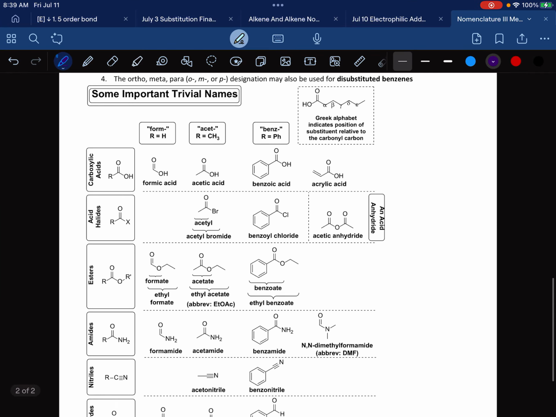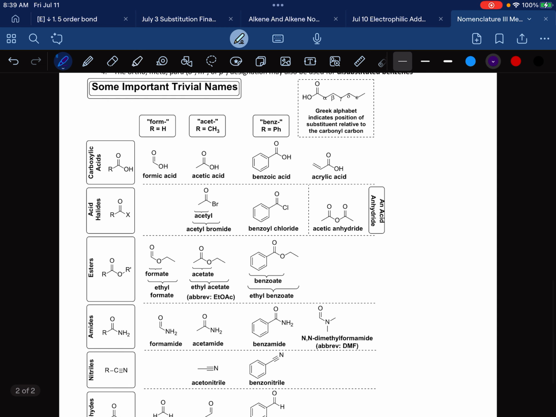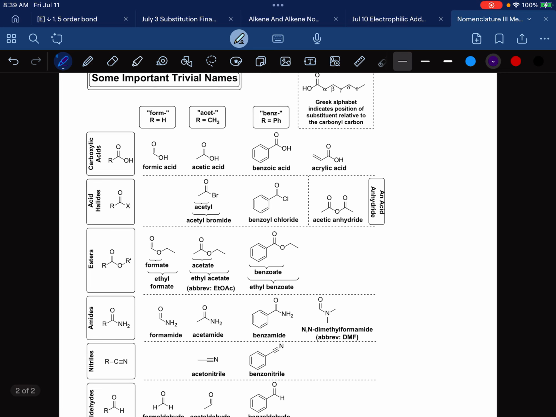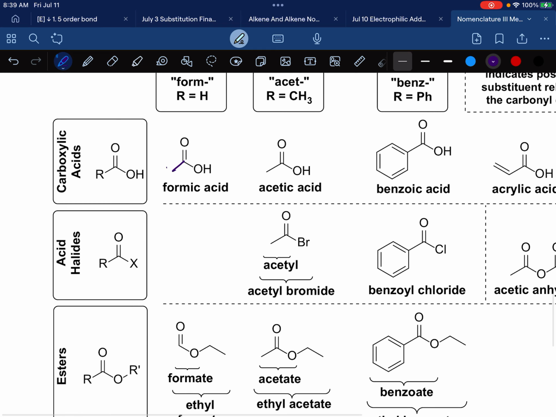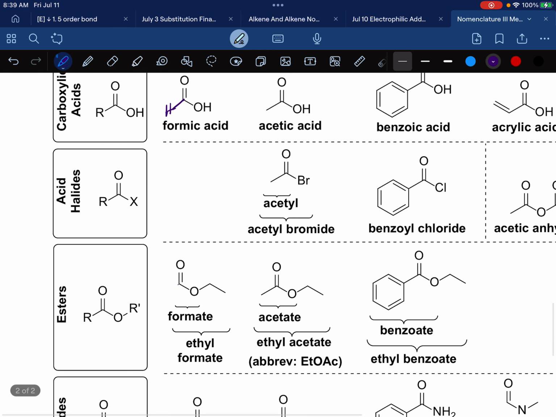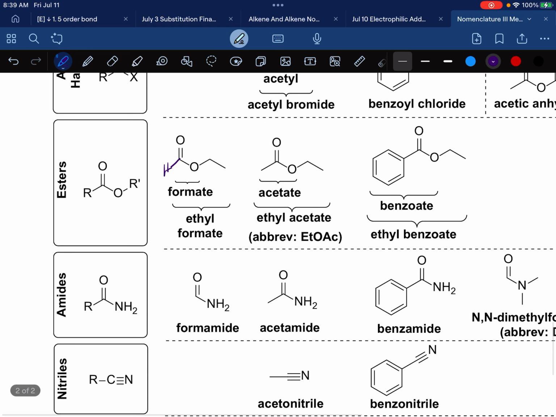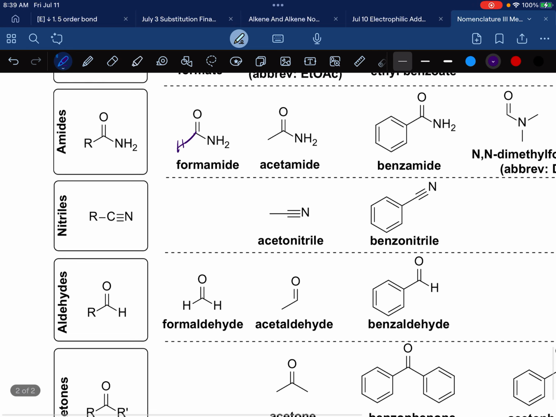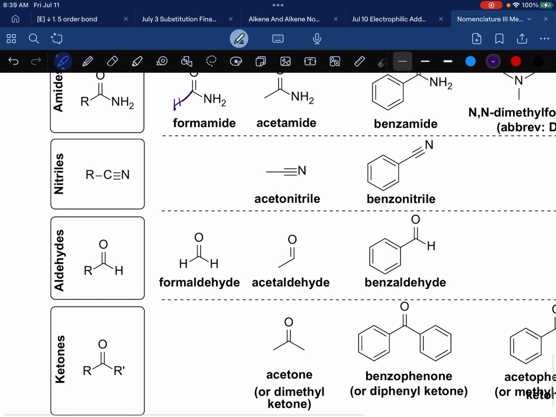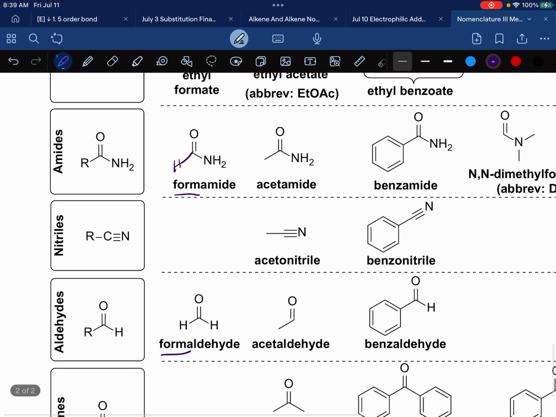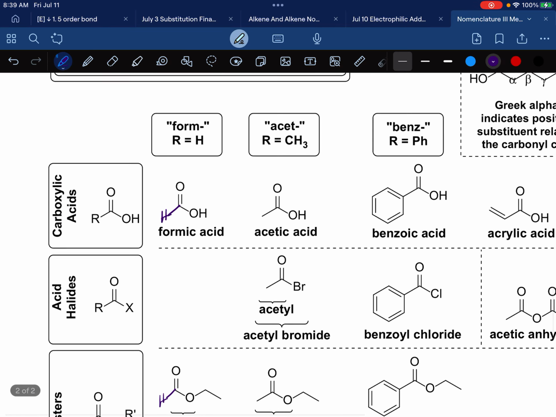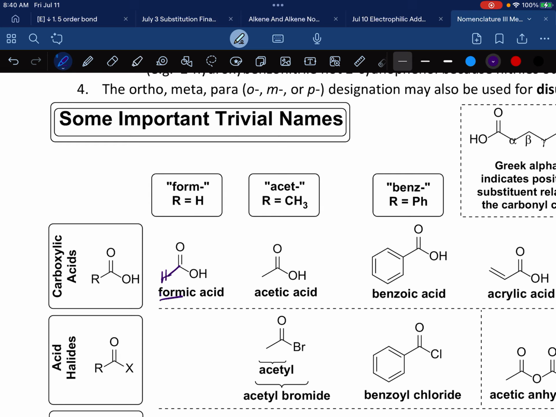Okay. I just want to spend a little bit of time here on the trivial names. There is some systematicness to these. So notice that whenever we have the H here, and the H here, and the H here, and the H there, these all have form in the beginning of the name. So when we see form, that basically means that we have a carbonyl with an H next door.